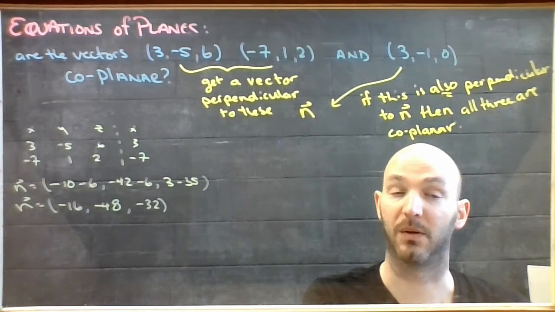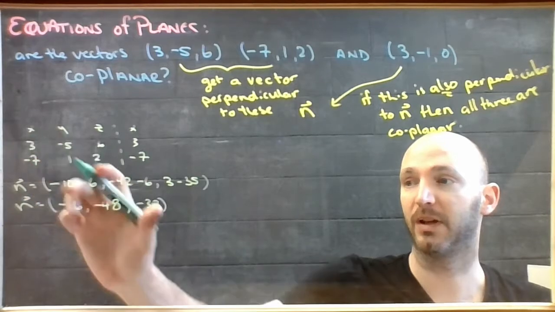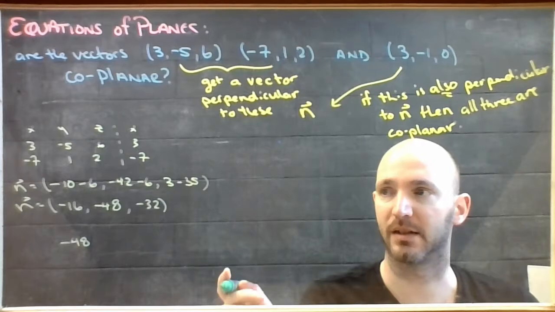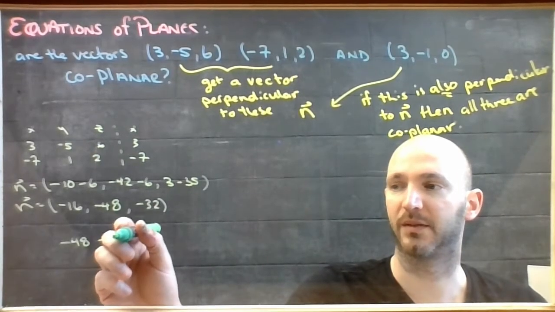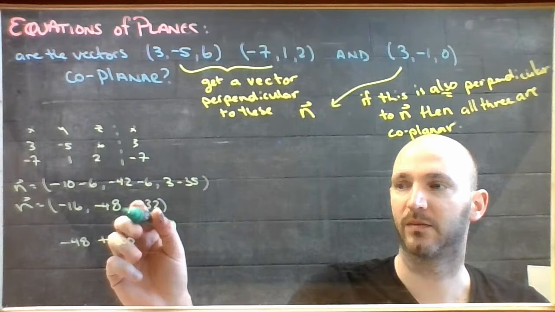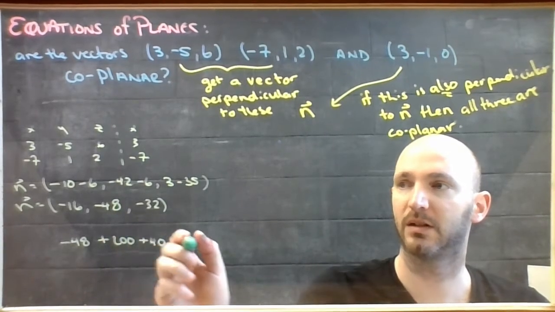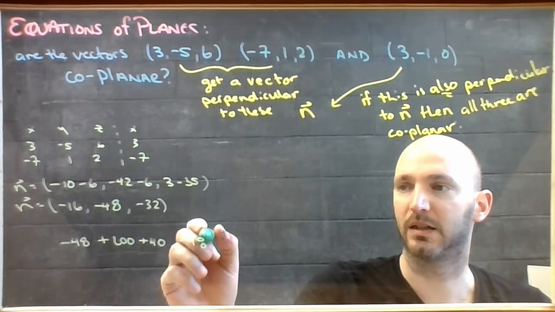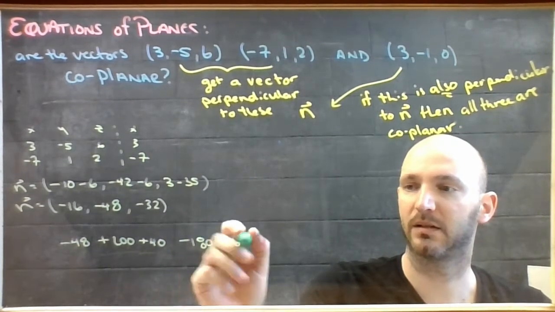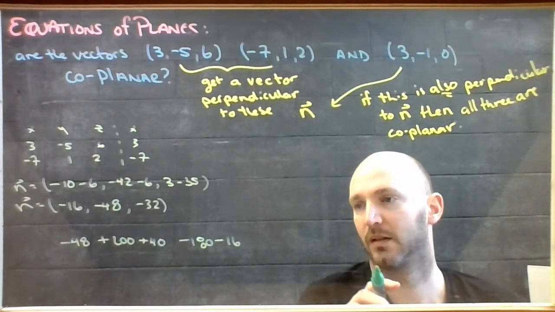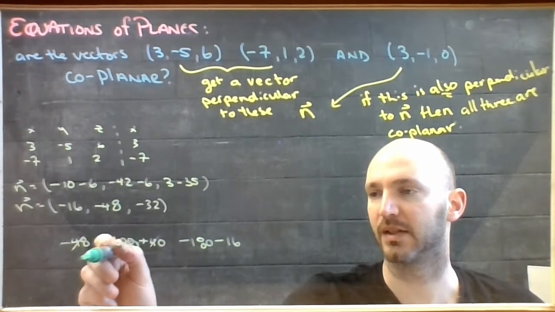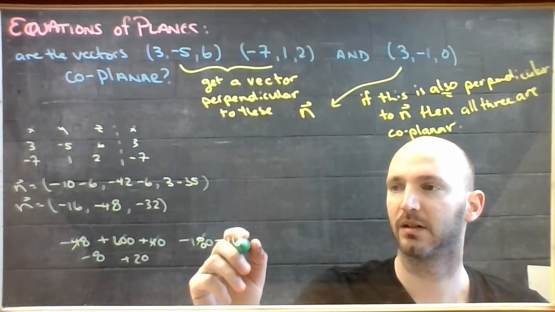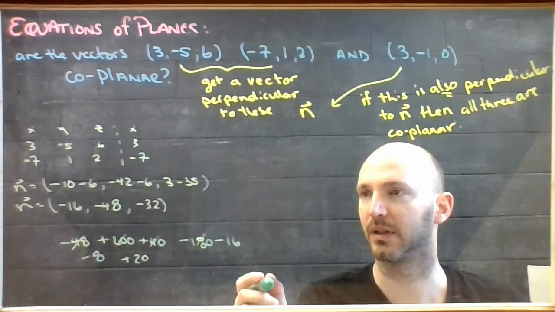All right, so I should check just to make sure. 3 of these would be -48. -5 of these would be positive 240. And 6 of these would be -180, and -16. So something has gone wrong here.